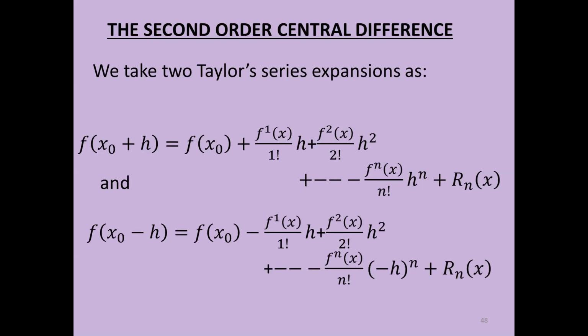The only difference between these two is that one is a step forward, therefore it is written with plus h, and the other is a step backward, therefore it is written with negative h. Now these two expressions are going to be manipulated in a particular order, which is going to be shown in the coming slide.